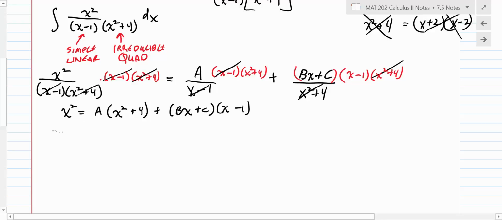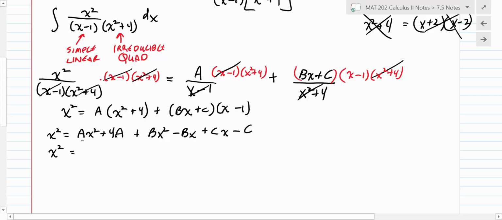So we have x squared equals ax squared plus 4a. I'm going to FOIL this out, so that's going to be bx squared minus bx plus cx minus c like that. You can bypass this if you can handle all this in your head. So this is x squared.